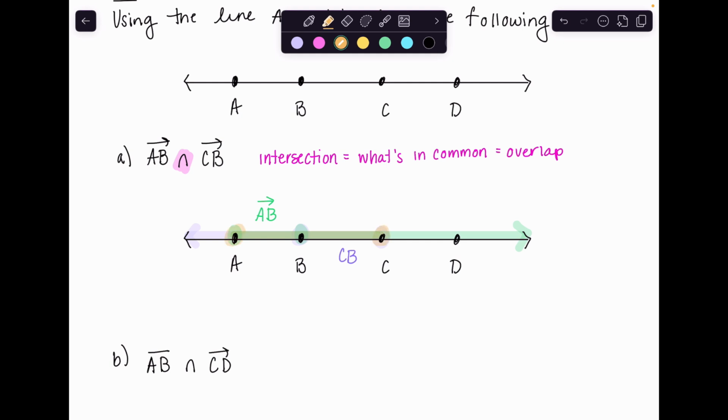And it includes all of these different points. So it's really the line segment starting at A and heading in C's direction. So if I take this ray and I intersect it with ray CB, A is included, C is the endpoint, and you get everything in between, okay?